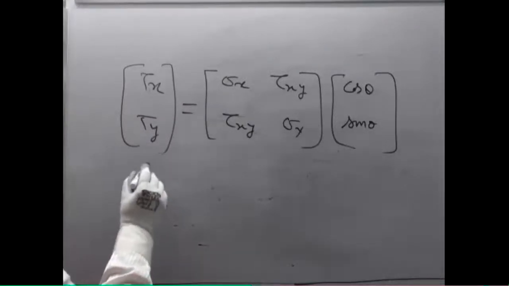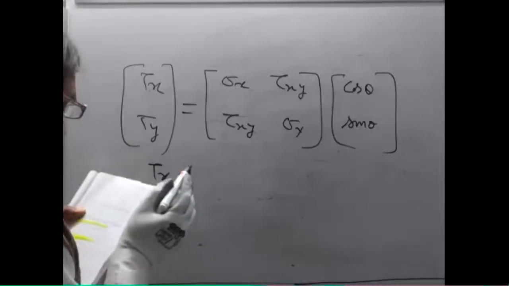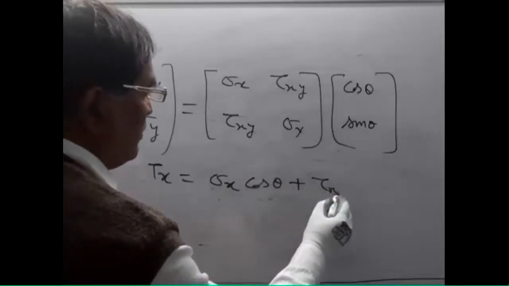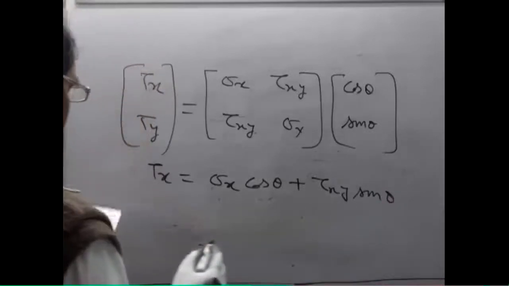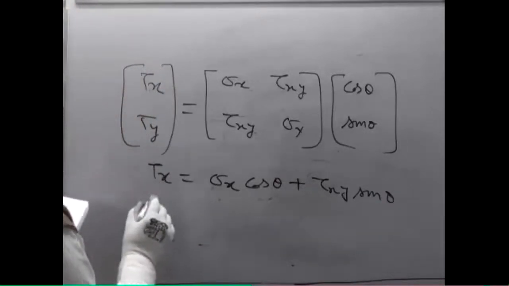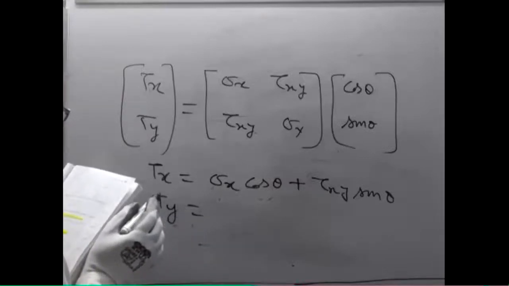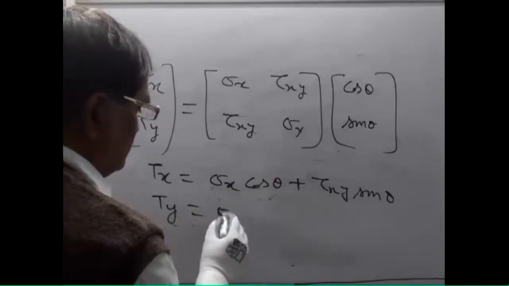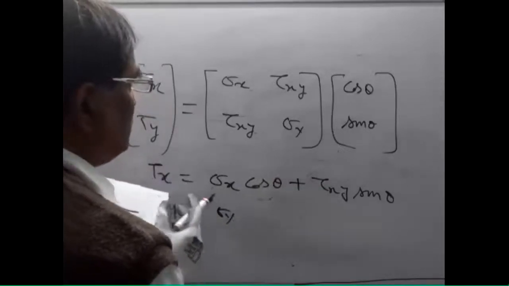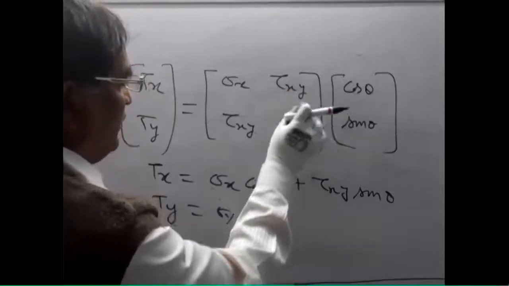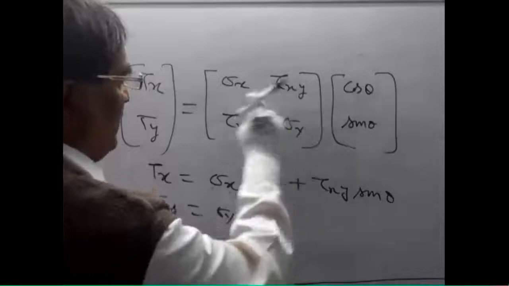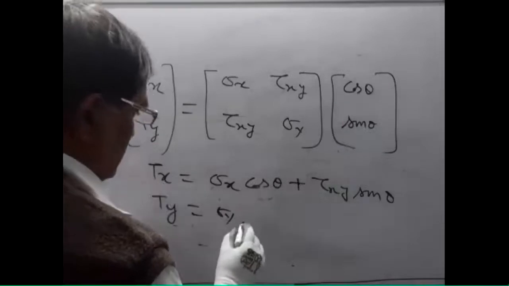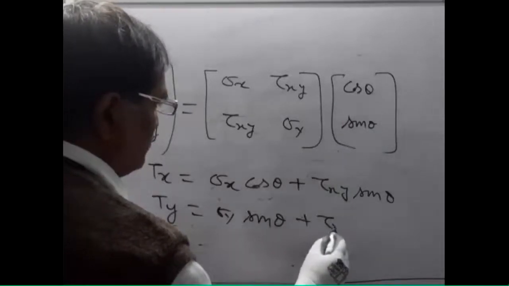So you can find that tx will be equal to sigma x cos theta plus tau xy sin theta. And again, ty will be tau xy cos theta plus sigma y sin theta. See how that has been multiplied: this element has been multiplied by sigma x, and again this will be sigma y sin theta plus tau xy.